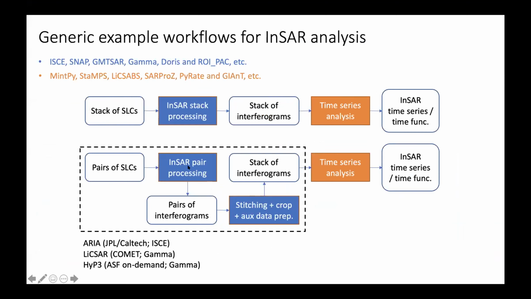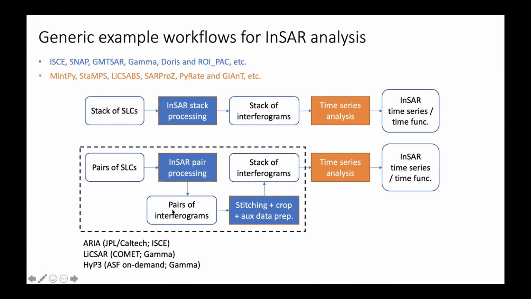And then, of course, for time series, you need a lot of pairs, so you can just replicate this process a lot of times. Then you will get pairs of SLCs. But whether they're geocoded or not, within one interferogram the two SLCs are co-registered with each other, but between interferograms they are not exactly co-registered with each other.